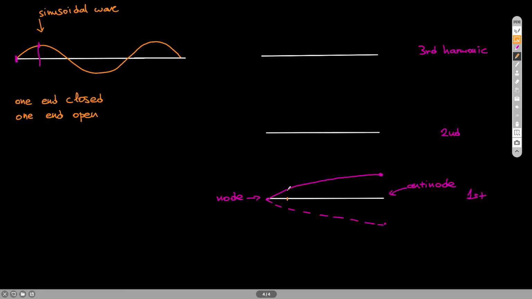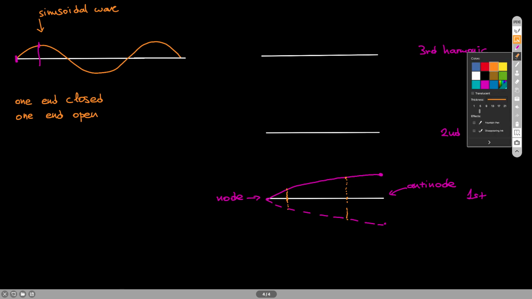This point of the string goes from here to here and then up and down, up and down. This point of the string goes up, stops here, and then comes down and goes here and goes up and down, whereas this point goes all the way at the maximum displacement and then down and up and down. This is what the first harmonic looks like.